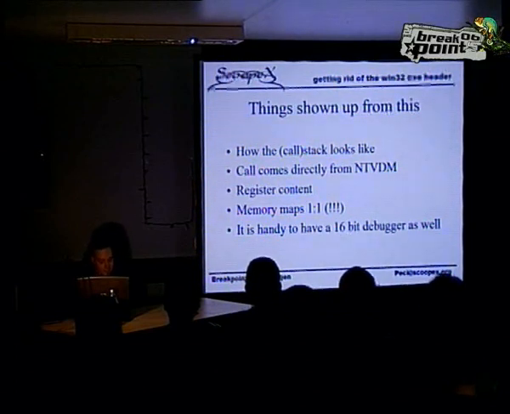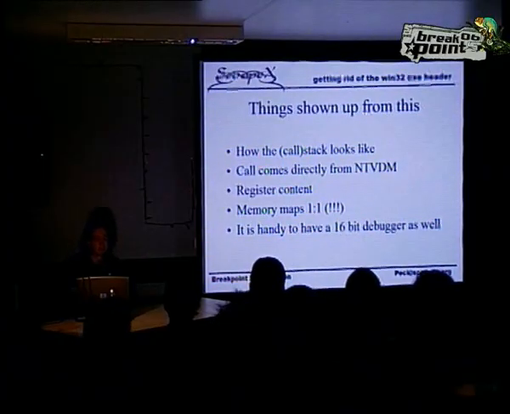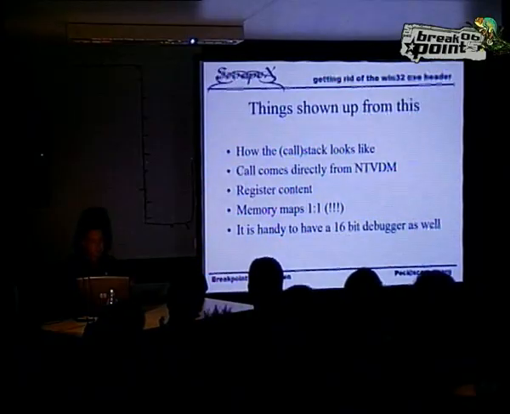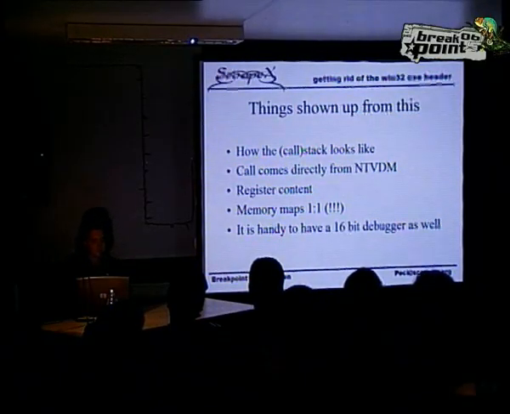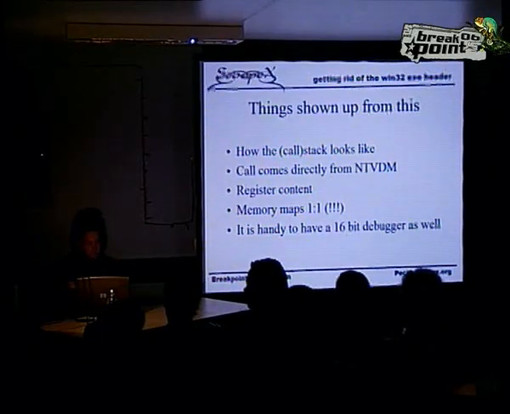But what really helped was that I found out that the memory maps one to one. So if you remember the DOS times, you build an address by taking the segment, shifting it by 4 to the left, and adding the offset. And with that address, you have the same address basically in a 32-bit environment as well.